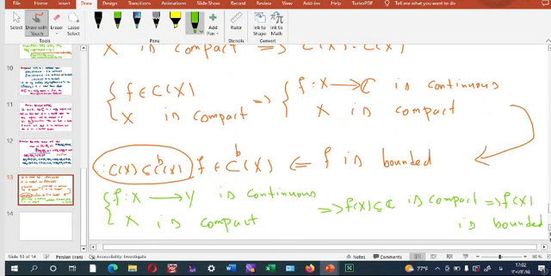And by the Heine-Borel theorem, we have the converse of this observation: any bounded and closed subset of complex numbers must be compact.